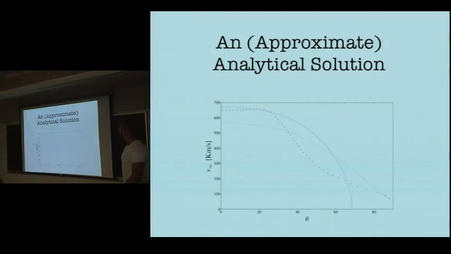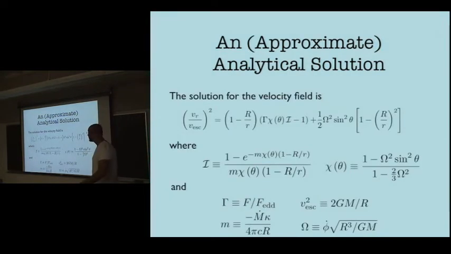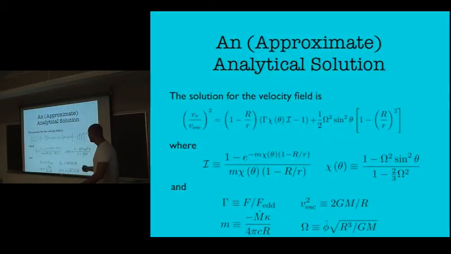Can I add, I'm sorry, the chi of theta here is the opacity? The opacity is kappa. So what is chi? Chi is a unitless function that parameterizes the latitudinal dependence.